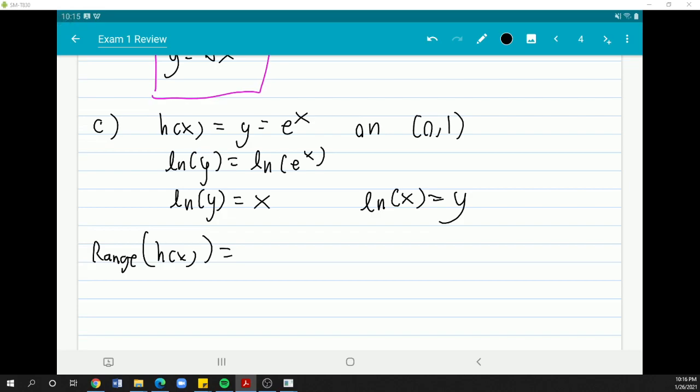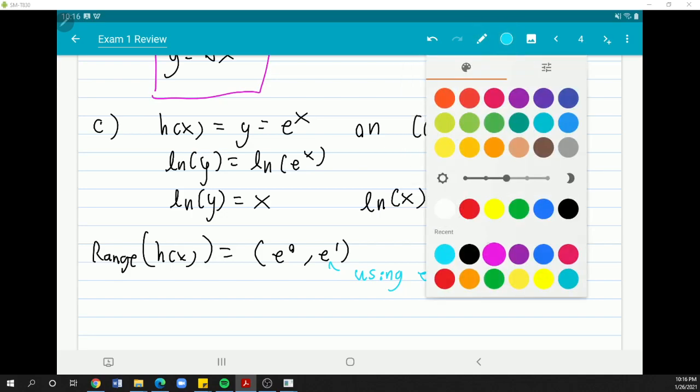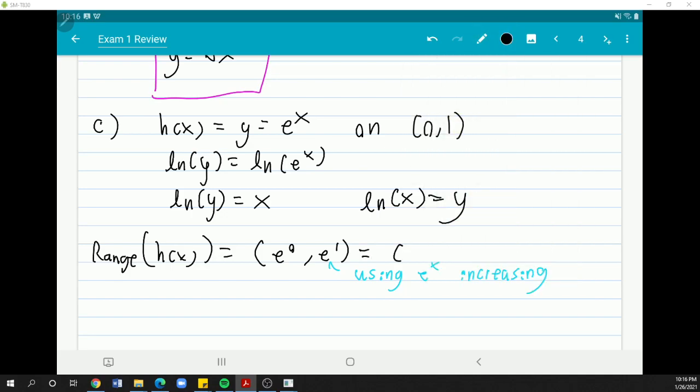So therefore we're going to get e to the 0, comma e to the 1. I want to be very explicit about something we're using here. Using e to the x is increasing. Because e to the 0 is the smallest thing you would see, e to the 1 is the biggest thing you could see. This isn't true in general. So this is 1, comma e.